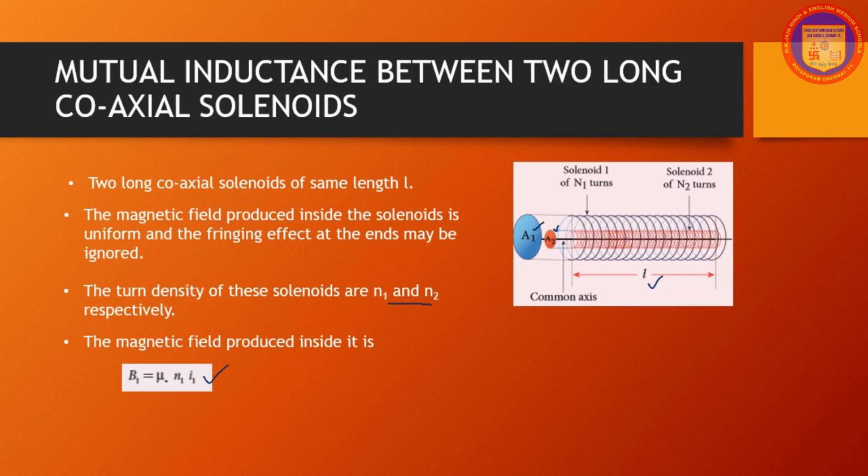If the field lines of B1 pass through the area bounded by solenoid 2, the magnetic flux linked with each turn of solenoid 2 due to solenoid 1 is given by phi 21 equal to the integral over A2 of B1 vector dot dA vector, which is equal to B1 A2 since theta is equal to 0. So we get mu naught N1 I1 into A2.